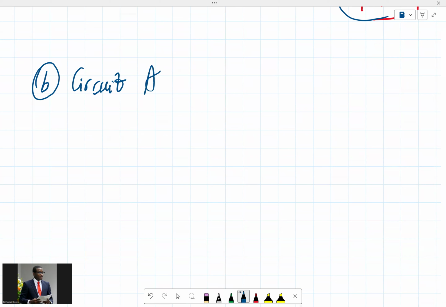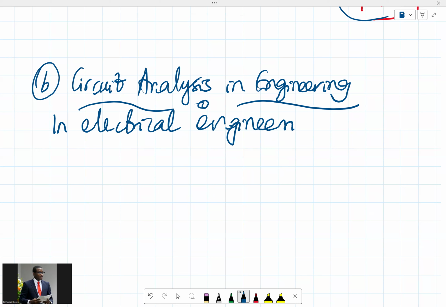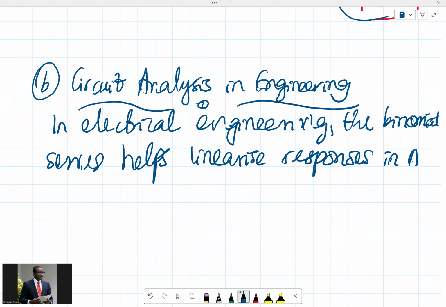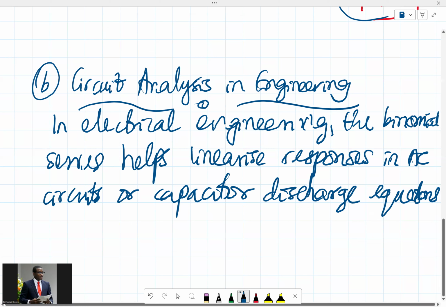In electrical engineering, the binomial series helps linearize responses in AC circuits, or capacitor discharge equations, for small perturbations.